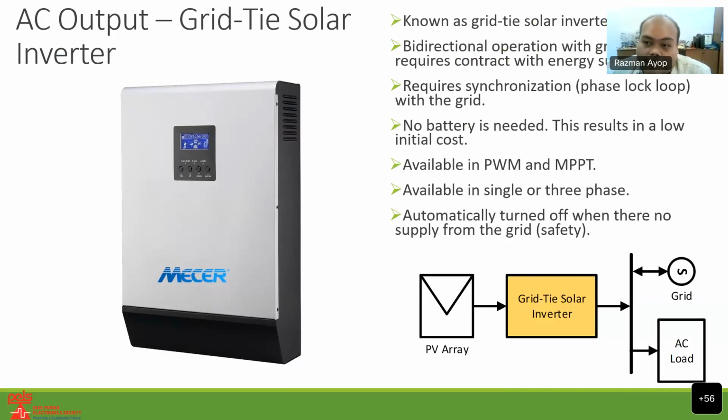You have to look at net energy metering, you can search for it. This is for Malaysia, which uses net energy metering. You have to make a contract with the energy supplier, because this is a bidirectional system.